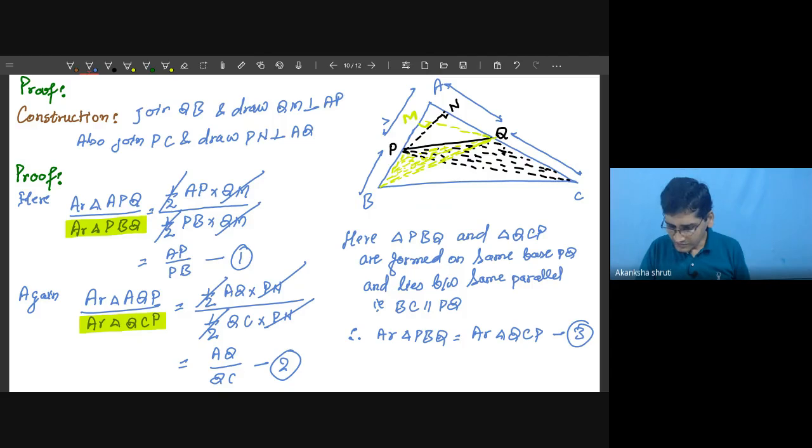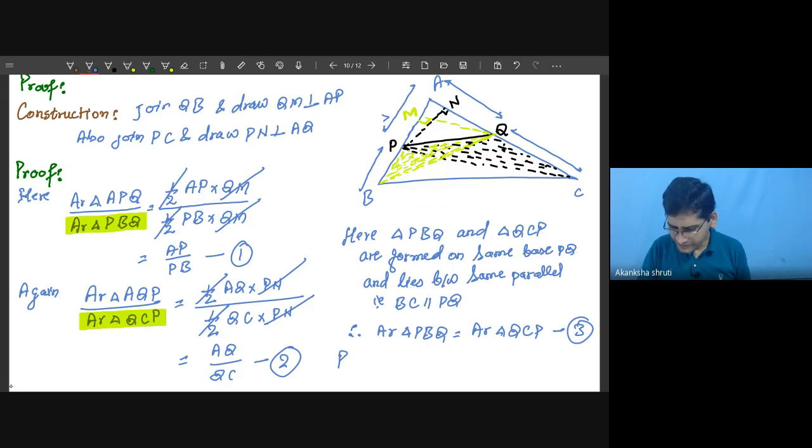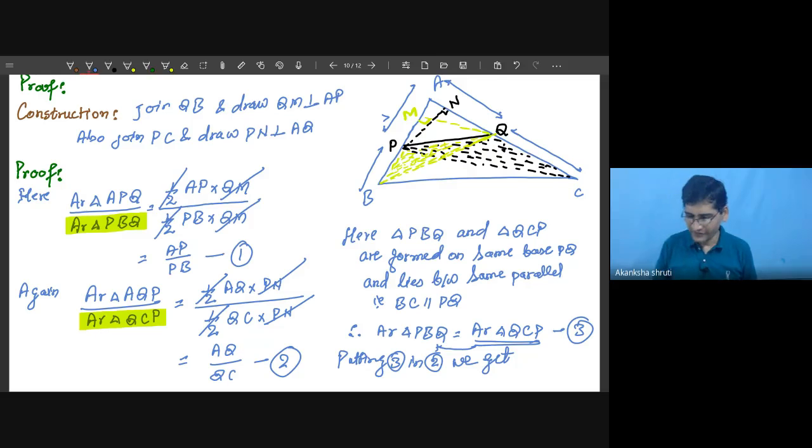So substituting 3 in 2: wherever this QCP is there, in place of this QCP, I will substitute triangle PBQ. So do this one.